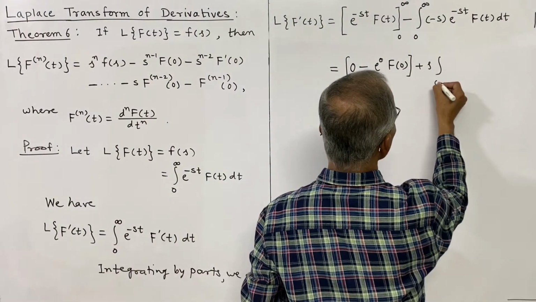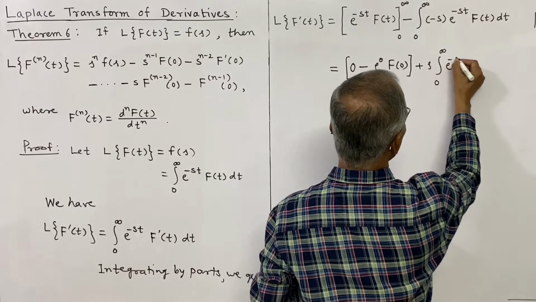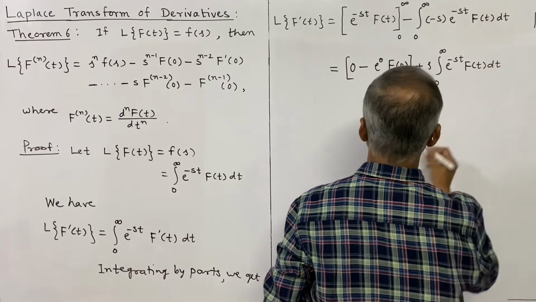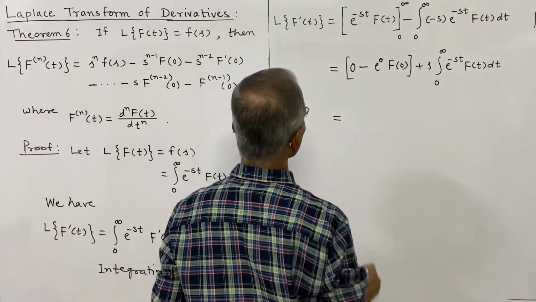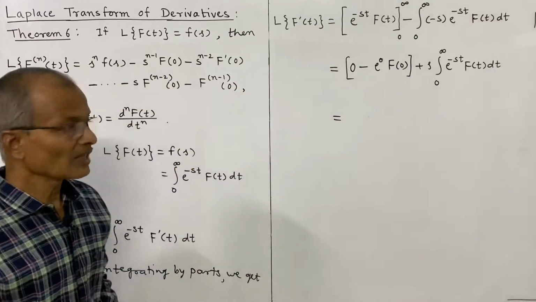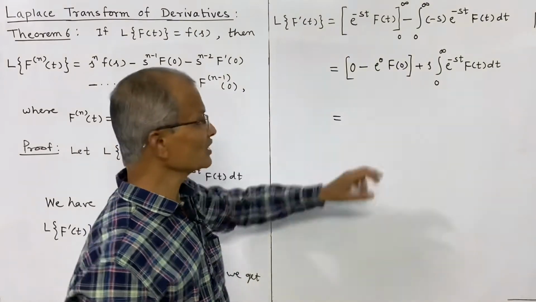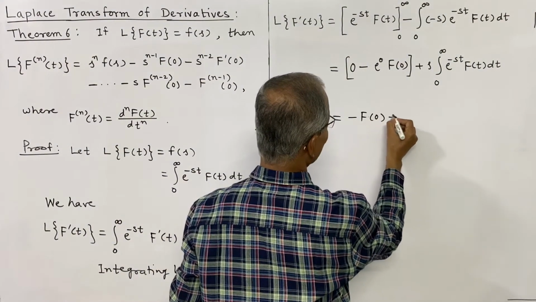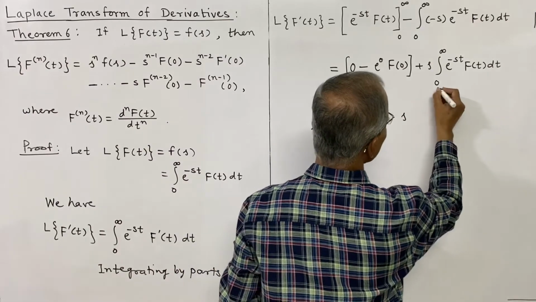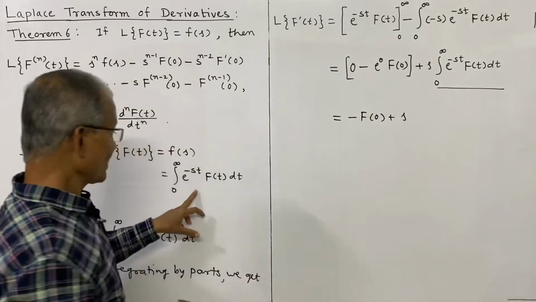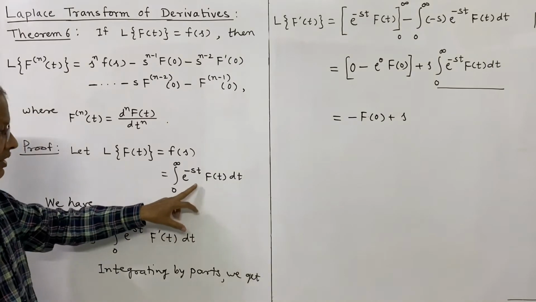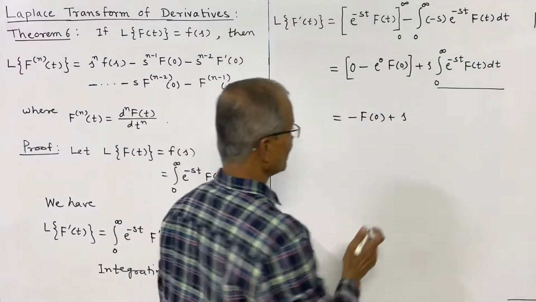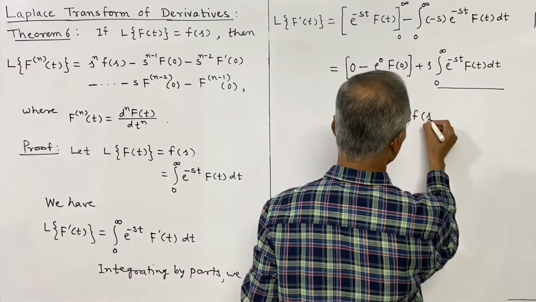S integral 0 to infinity e power minus st f of t dt, or this is equal to, now you see this is 1, e power 0 is 1, so it is minus f of 0 and plus s times this value, which is the integral 0 to infinity e power minus st f of t dt, which is small f of s, and I shall write this as small f of s.